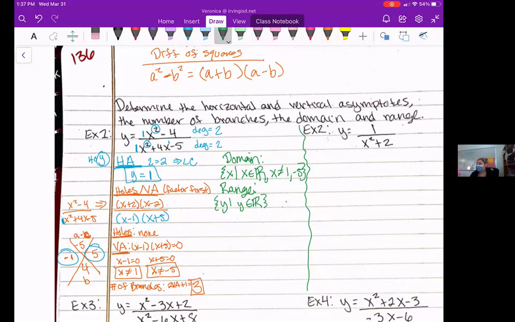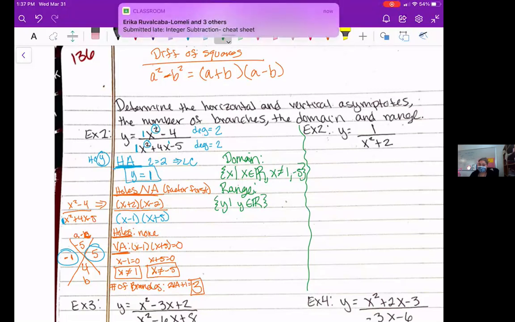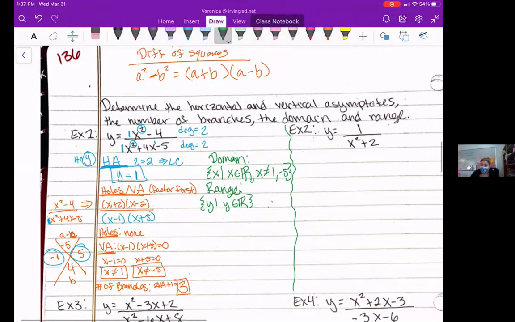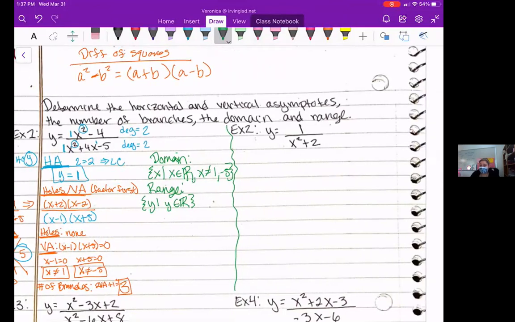Okay, example 2. For example 2, same thing. I'm going to go on ahead and start with the horizontal asymptotes, right? So in order to do the horizontal asymptotes, I'm going to look at my degree of each polynomial in the numerator and denominator.